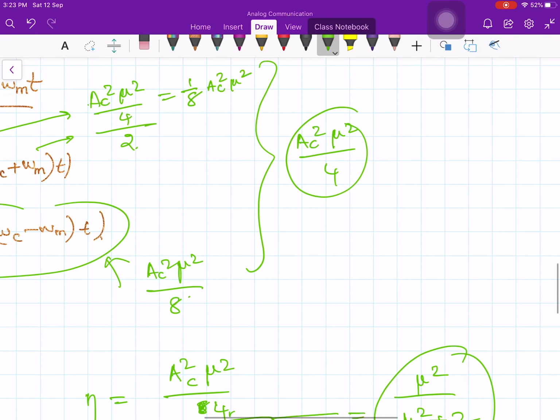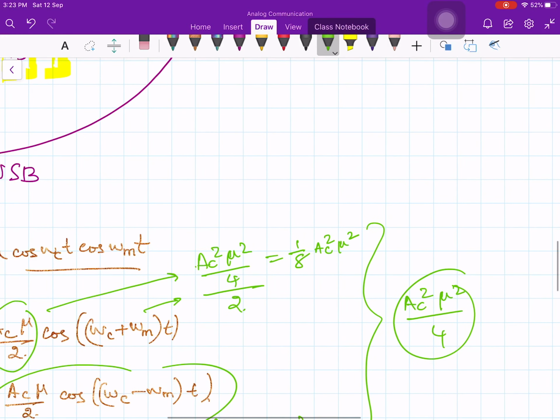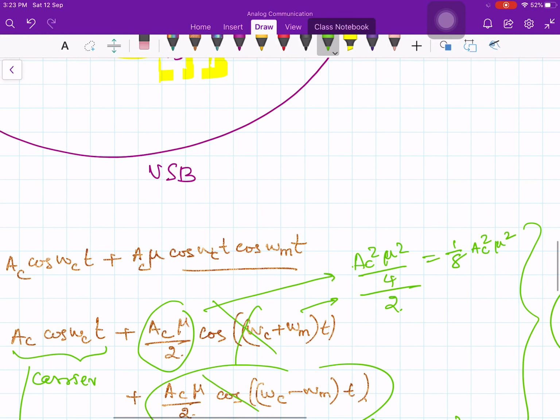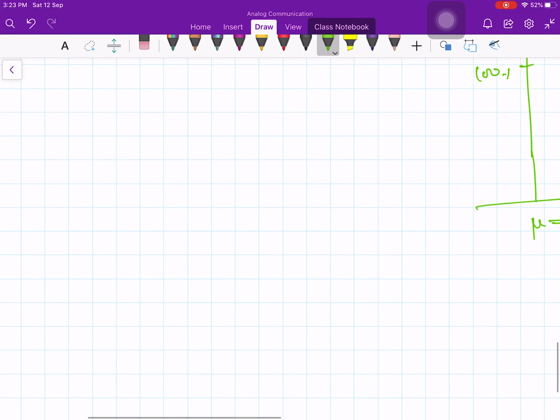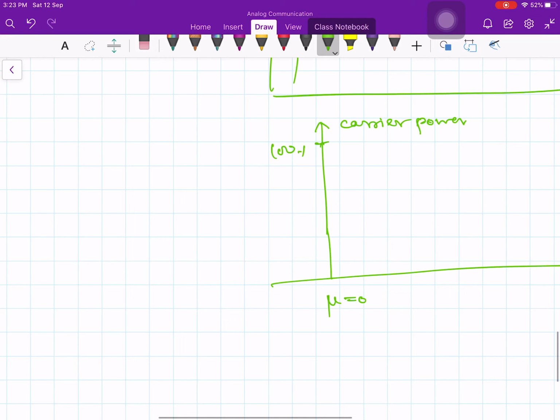If you look at the equation, when mu is equal to 0, there is no power in the sidebands, only carrier power is generated. Therefore, when mu is equal to 0, your maximum will be 100% carrier power, and slowly it drops down when mu becomes 1. When mu is equal to 1, the carrier power itself is 67%.